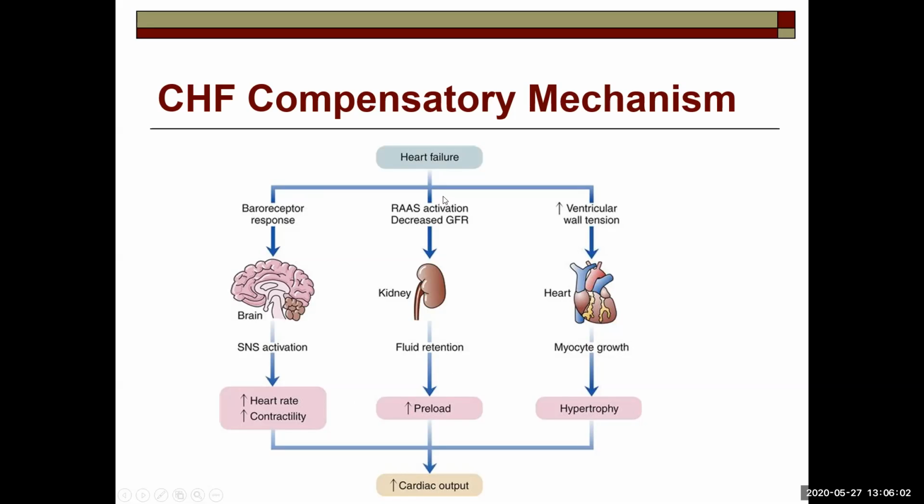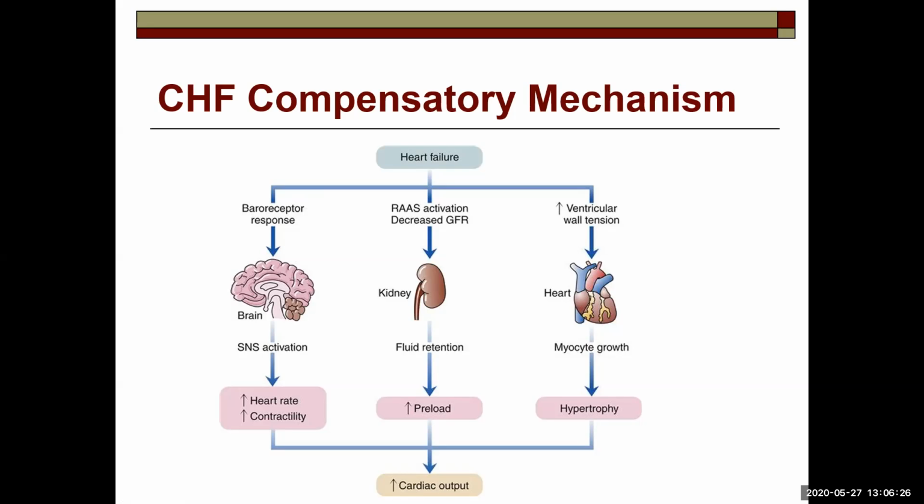The other compensation pathway is the RAAS activation. Now we know that when you activate the renin-angiotensin system, you're going to decrease the GFR. Because you have reabsorption of sodium, you're going to have reabsorption of water to follow the sodium.